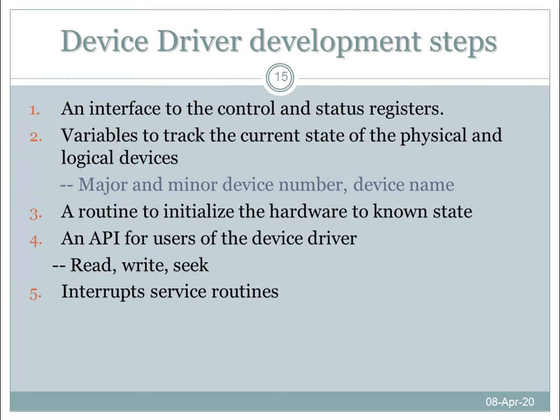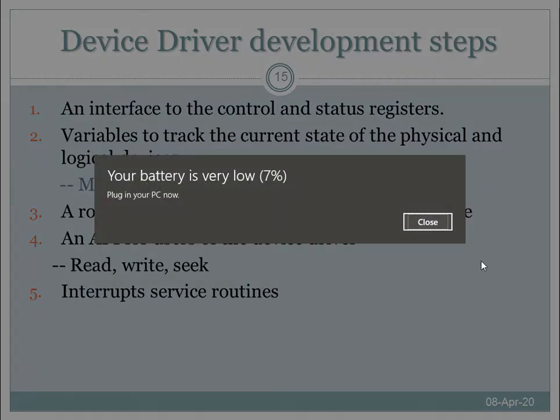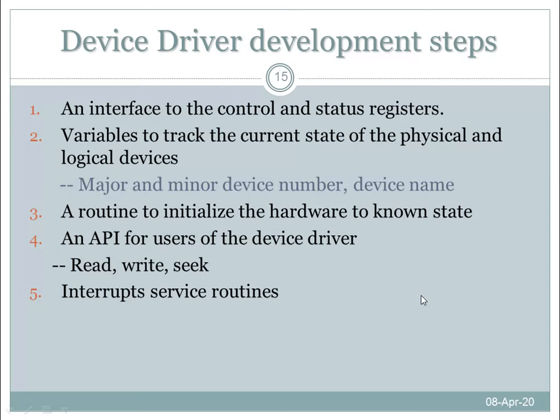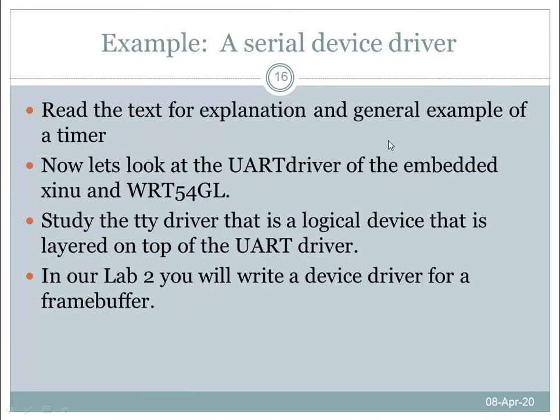Next is to define the APIs. Just like in the UART: UART initialization, UART transmit, UART read. These are the APIs you have to write. Next, and most important, is the interrupt service routine. For an example of a server driver, read the text for the explanation and a general example of the timers.